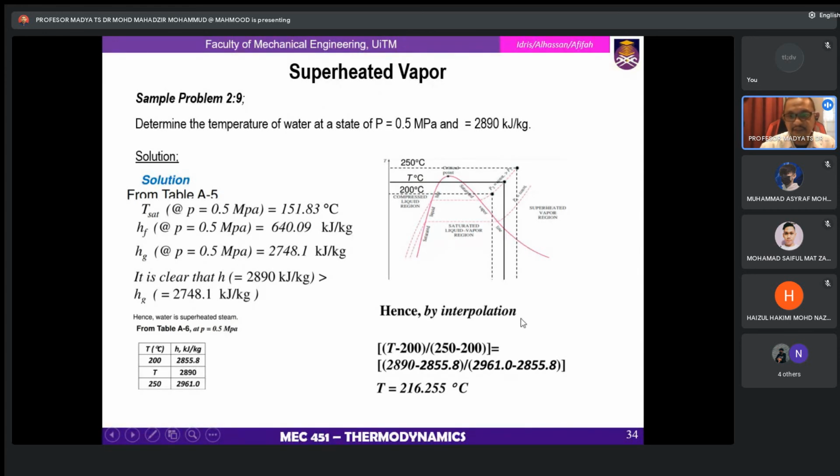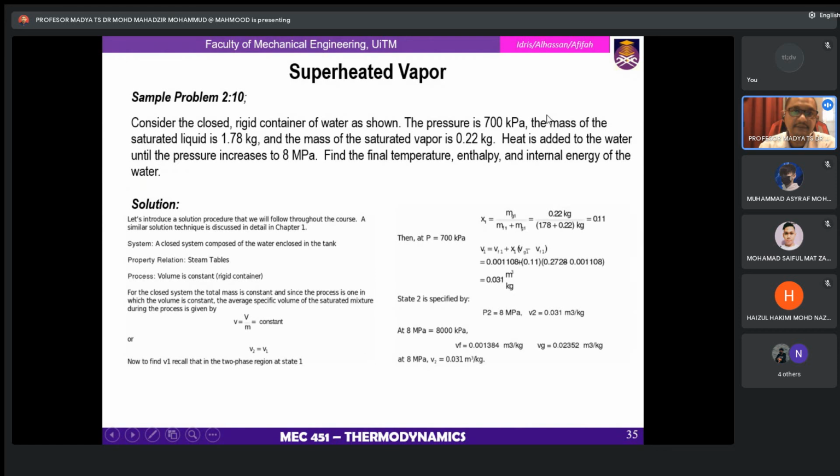When you do the interpolation, you get the temperature is 216.25 Celsius. That is the answer for this problem. So this simple exercise also shows you how to find the numbers in the superheated table.